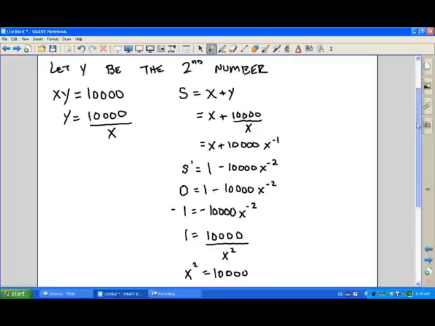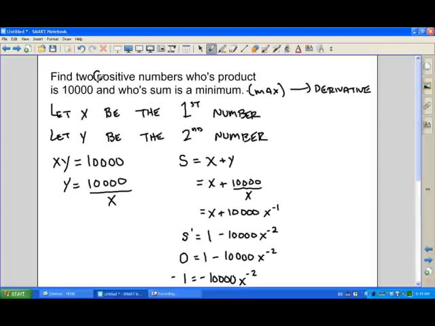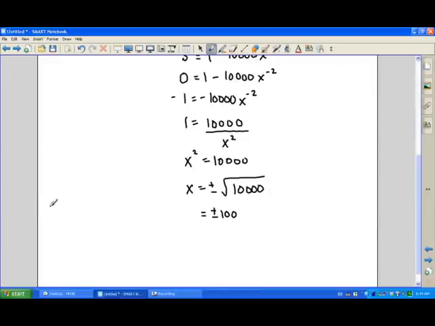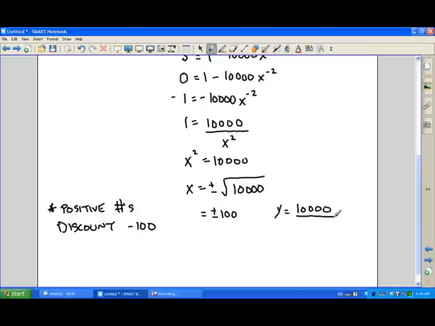Let's look back at the question. The question is asking us to find two positive numbers. So since we want positive numbers, we'll discount negative 100 as a solution. So if positive 100 is one answer, we can sub that into our equation for y to find the second answer.